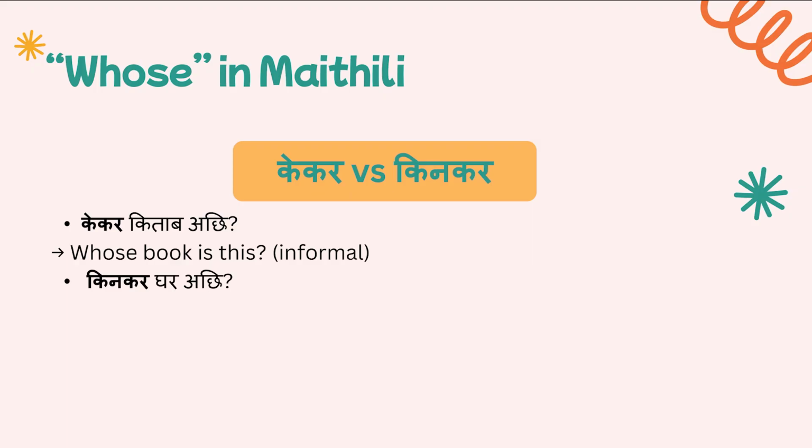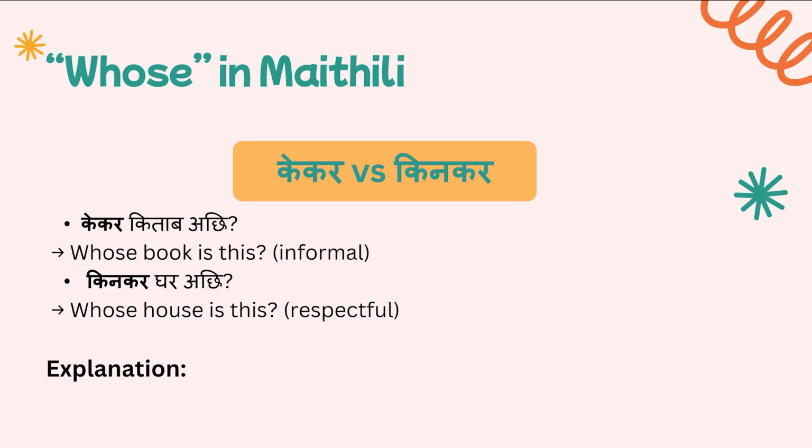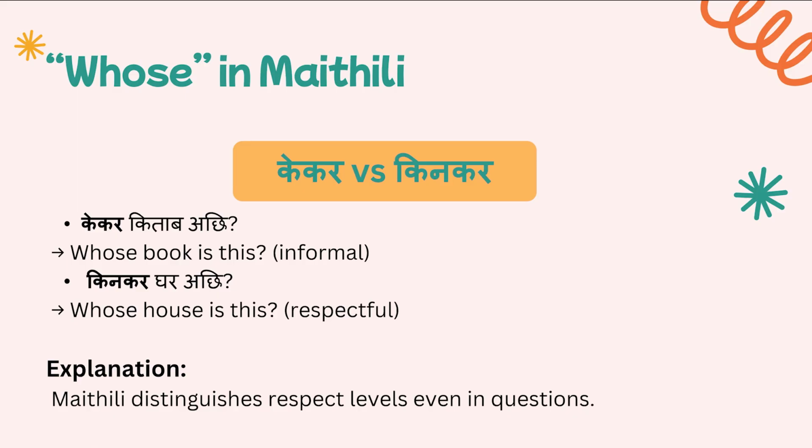And then when we say kinkar ghar ach or even kinkar kitab ach, whose house is this? Here it means that we are showing some kind of respect. So, Maithili distinguishes respect levels even in questions where we do not know, so we assume. Based on assumption you need to decide whether you are going to use kecker or kinkar.